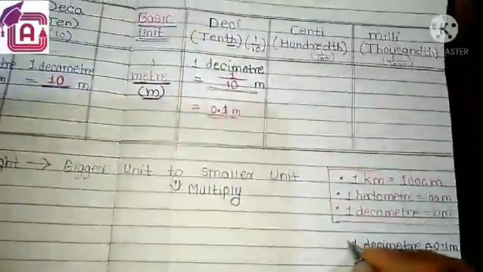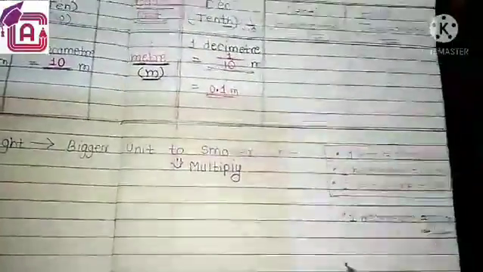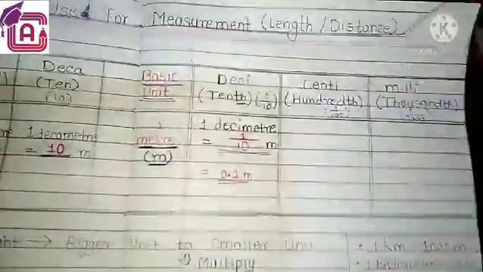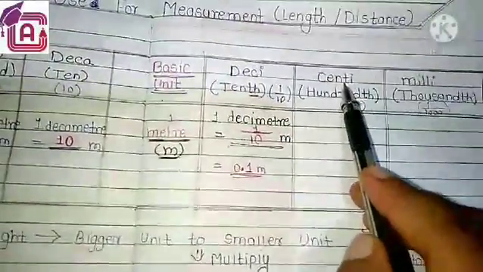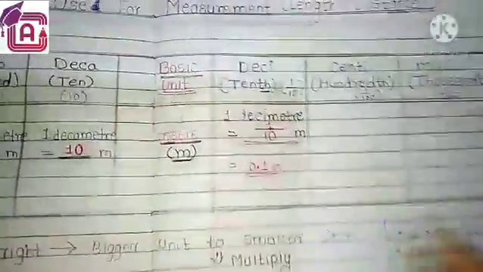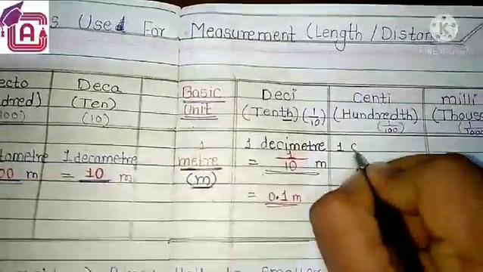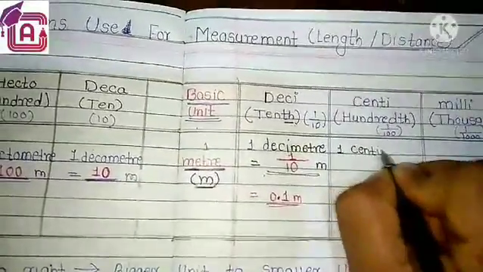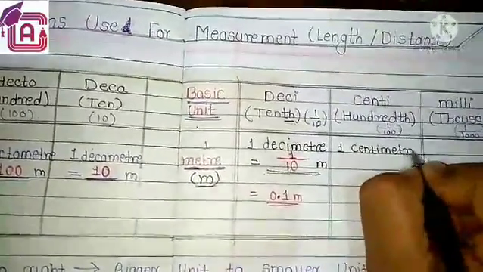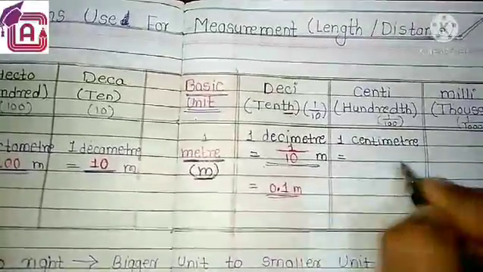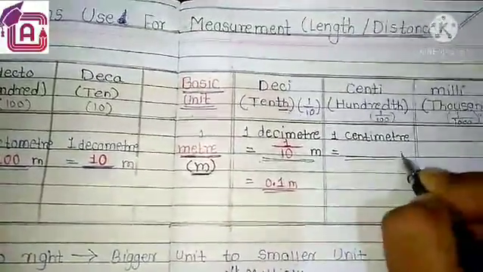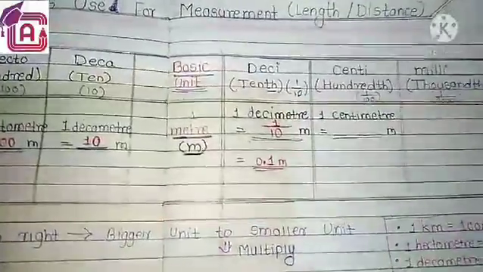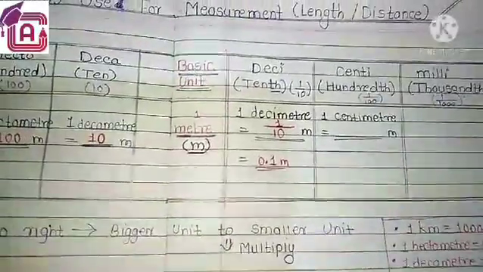Again, look at the second one. That is centimeter. We have to calculate centimeter. 1 centimeter is equal to how many meter? That we have to calculate. 1 centimeter is equal to how many meter?